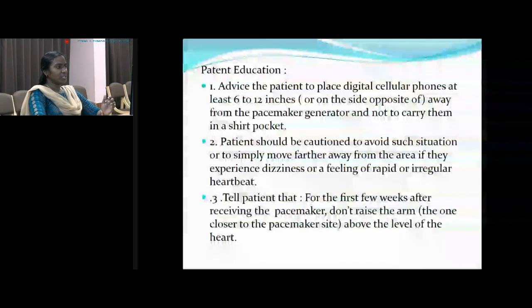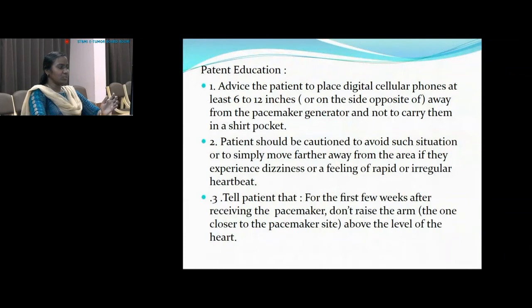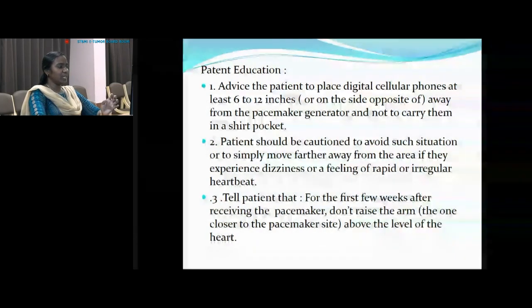We need to advise the patient to place digital cellular phones at least 6 to 12 inches away from the pacemaker generator, or not to carry them in a shirt pocket. And the patient should be cautioned to simply move farther away from the area if they experience dizziness or a feeling of rapid or irregular heartbeat.